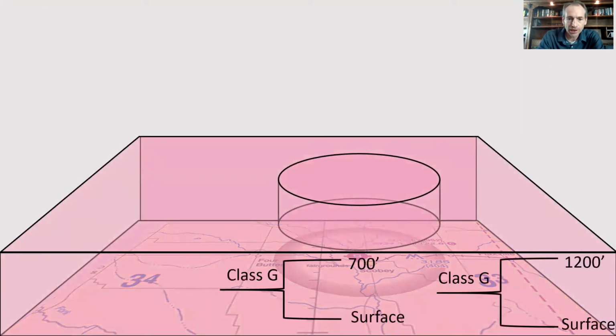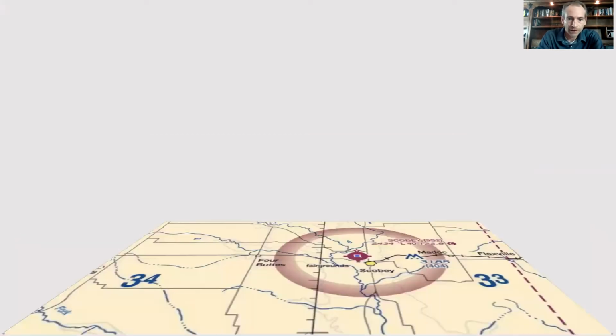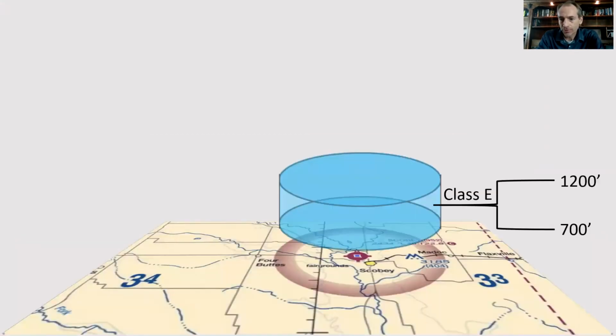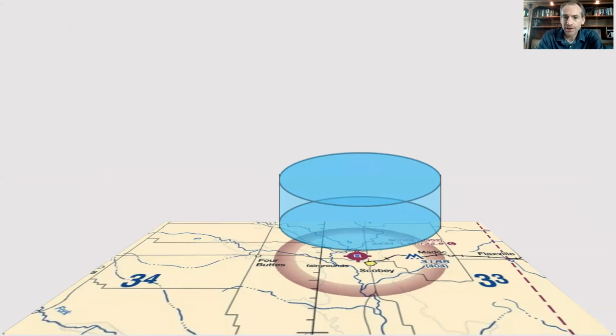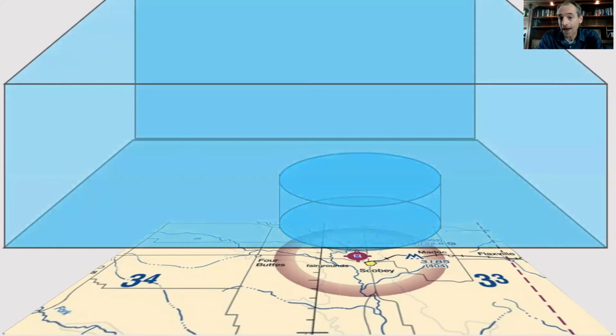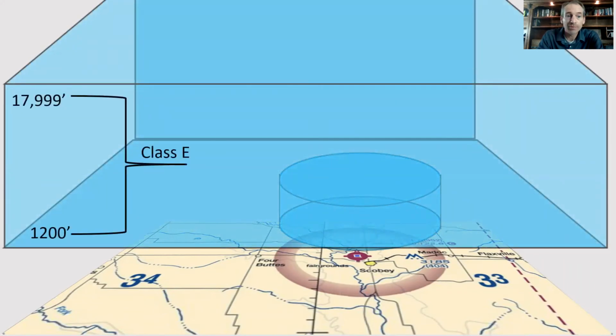Class G around the airport is going to go from the surface up to 700 feet AGL, and then outside is going to be surface to 1,200 feet AGL. Then your Class E airspace around that airport is going to be 700 feet AGL up to 1,200 feet AGL. And then everything outside of that from 1,200 feet up to 17,999 MSL will be Class E.